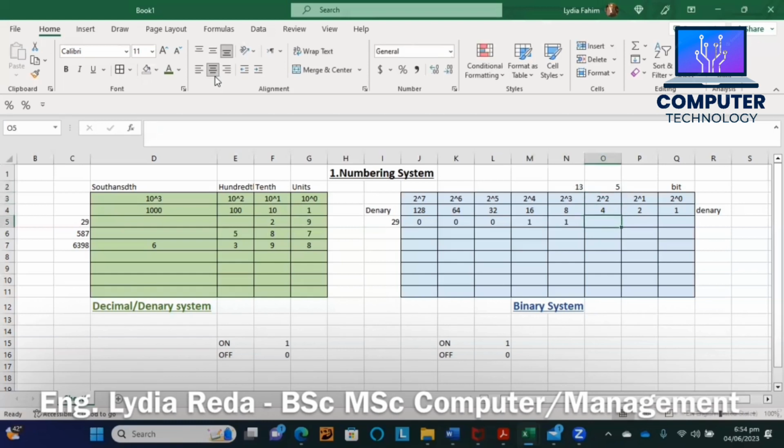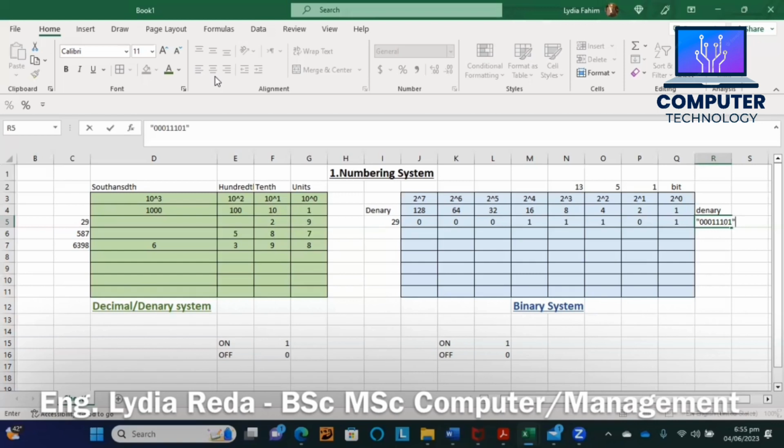So I will go to, does the 5 contain a 4? Yes, with a remainder of 1. Does the 1 contain a 2? The answer is no again. But does the 1 contain a 1? The answer is yes. So the 29 in binary is simply 00011101.